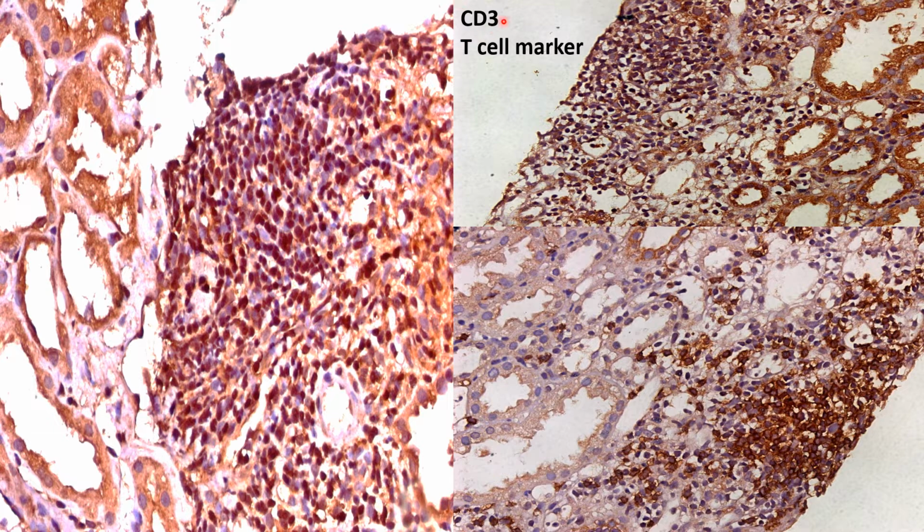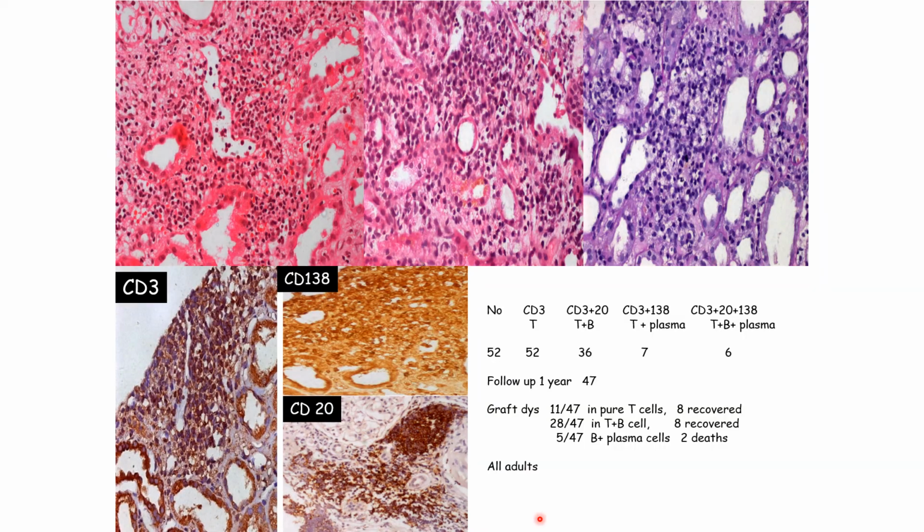A CD3 marker, which is a marker for all T lymphocytes, shows in both these areas that all the cells are strongly positive with CD3, suggesting that the lymphocytes are all T-cell lymphocytes. Sometimes the T cells are associated with plasma cells, which mark as CD138, and B lymphocytes, which mark with CD20.